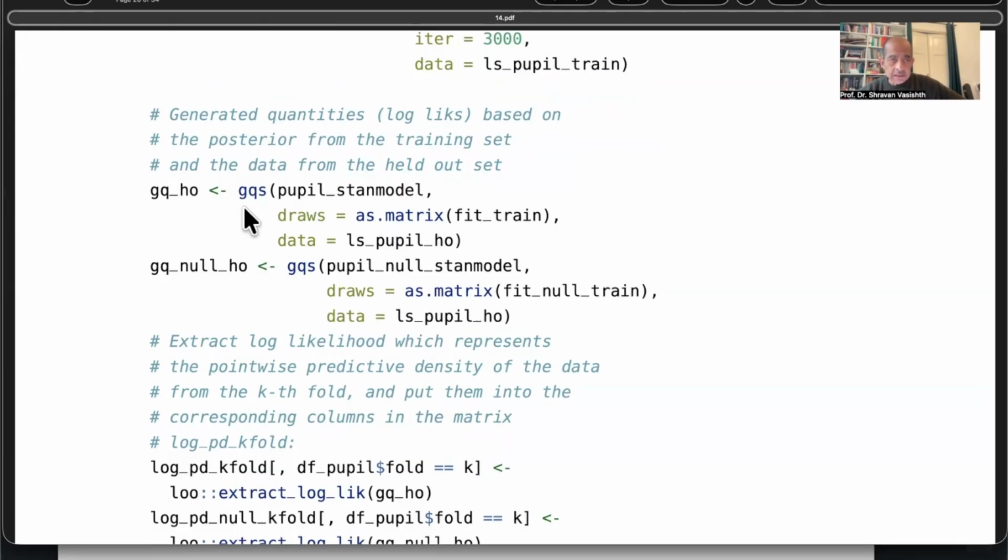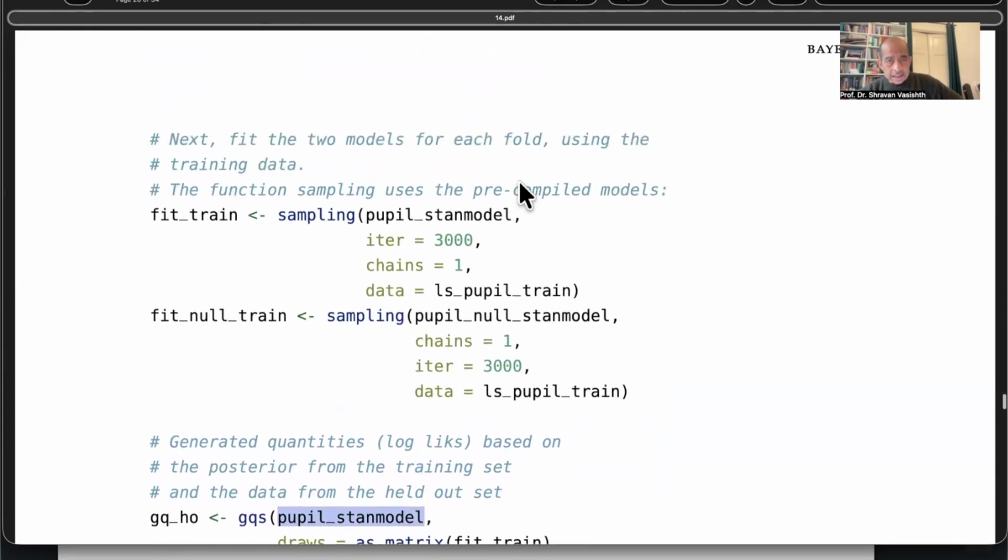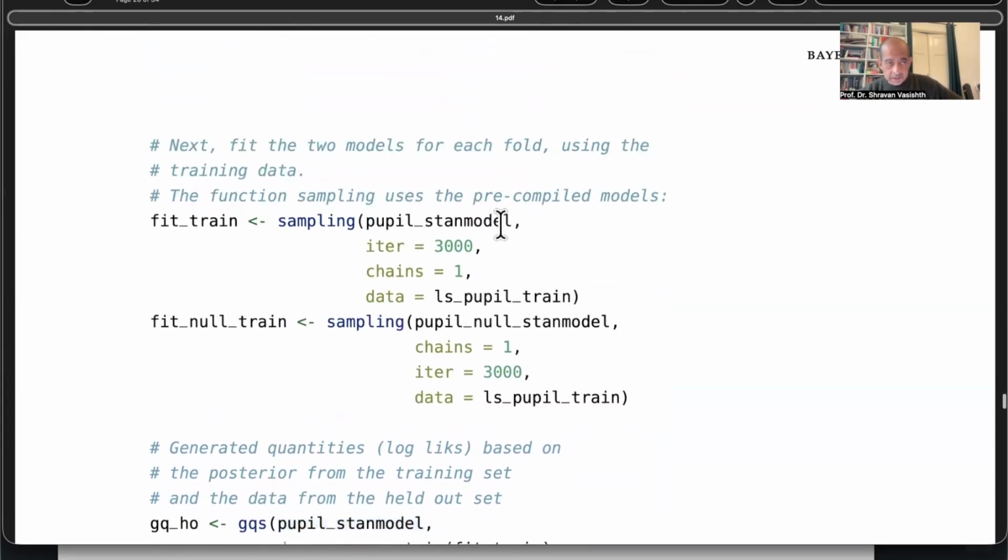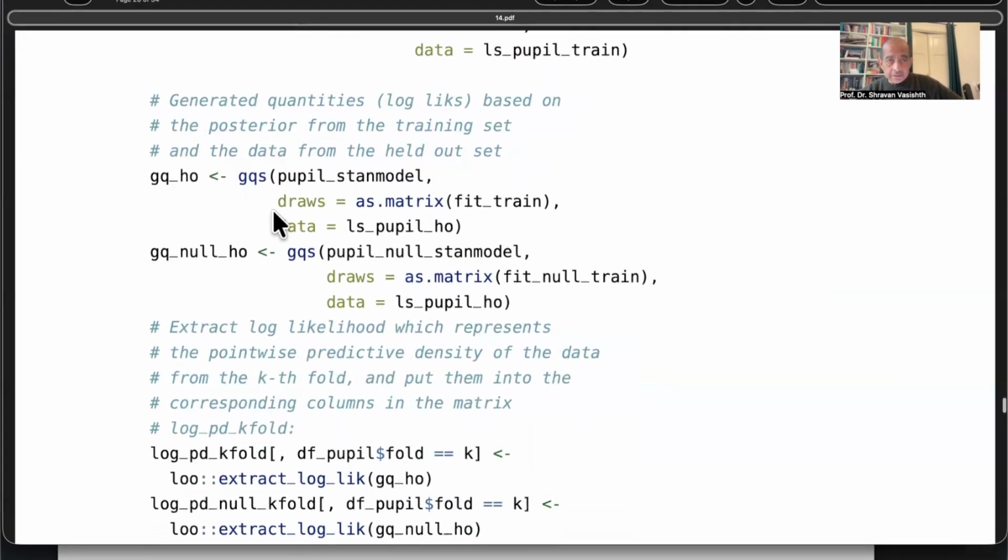What this function does is that it takes the pupil stand model, this precompiled model, and this time it extracts from the generated quantities block the log likelihoods that were defined in the underlying model that is precompiled here.